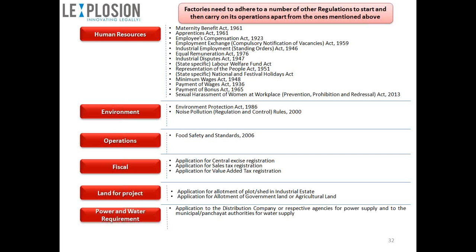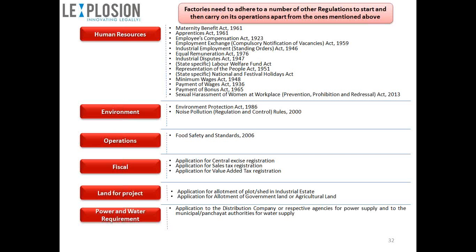There are some fiscal compliances you need to take care of, like central excise registration, sales tax registration, and value-added tax registration, or VAT registration. If you're a manufacturing industry, you will need to take care of excise registration, and of course sales tax and VAT will follow.